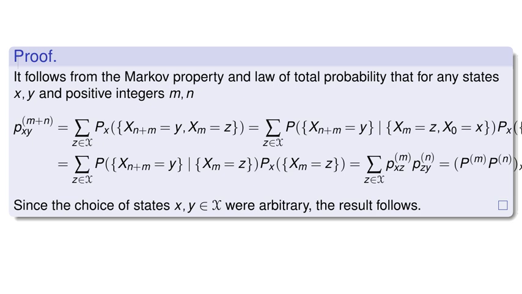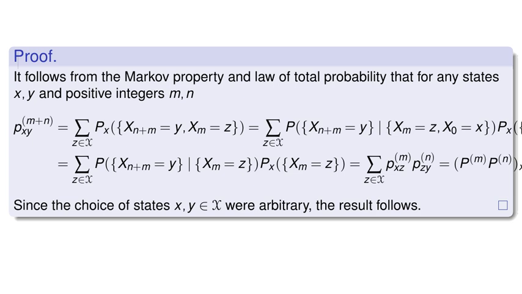This is equal to the sum over z in 𝒳 of the probability of the set X_{n+m} equals y, given the set X_m equals z and X_0 equals x, times P_x of the set X_m equals z. This further simplifies to the sum over z in 𝒳 of the probability of the set X_{n+m} equals y, given the set X_m equals z, times P_x of the set X_m equals z.